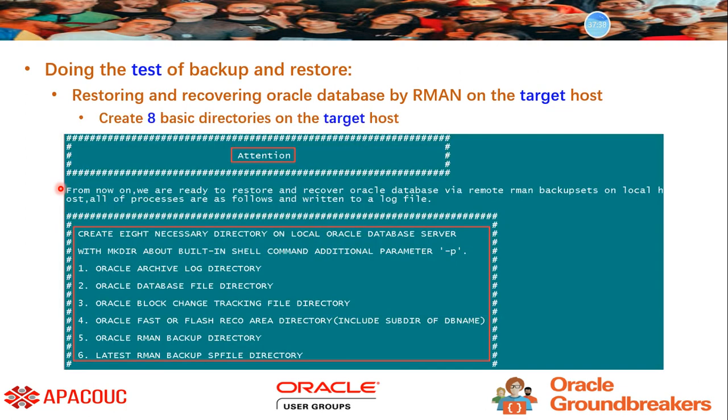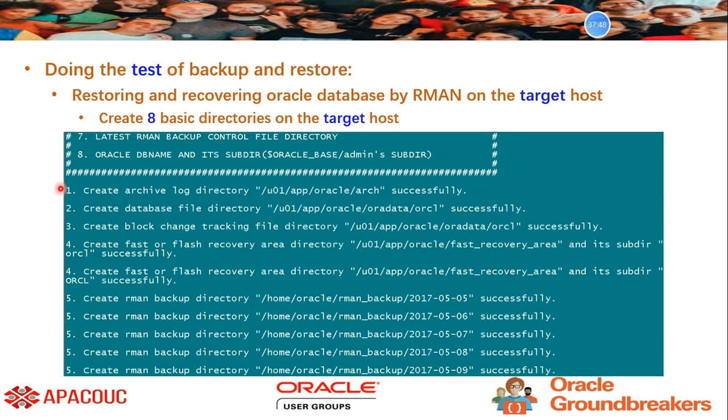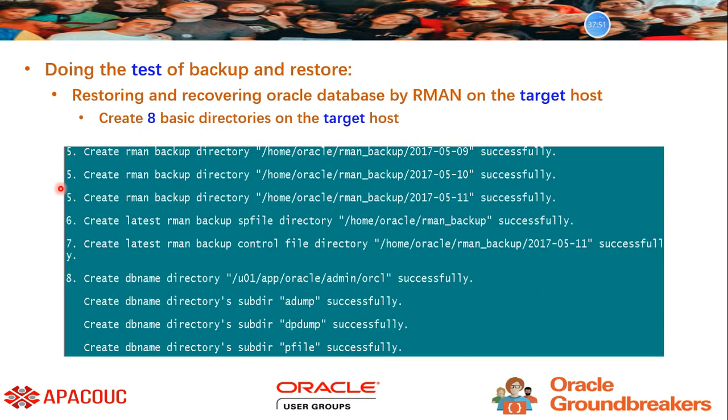Here, there are 8 basic directories I created on the target host: 1, 2, 3. Finally, you can see the directories were created successfully.